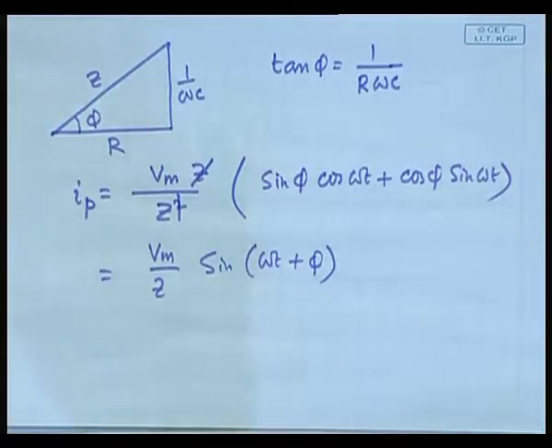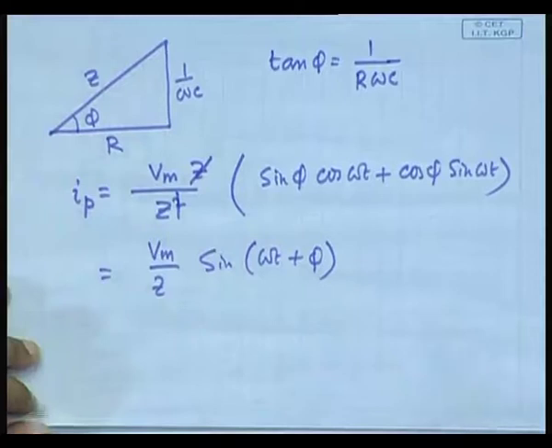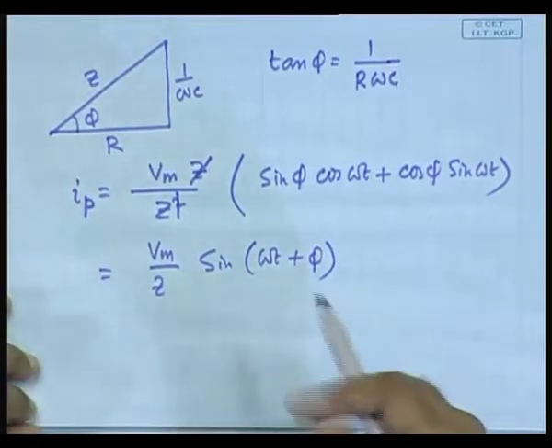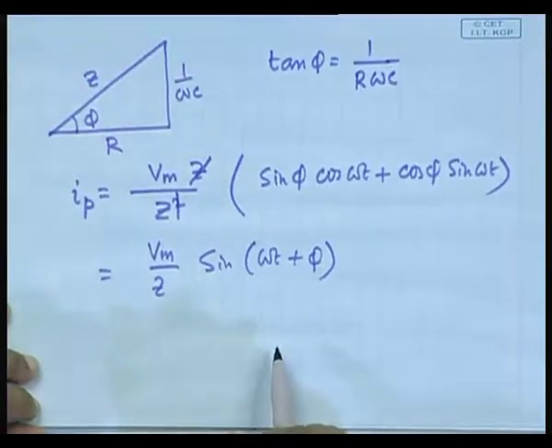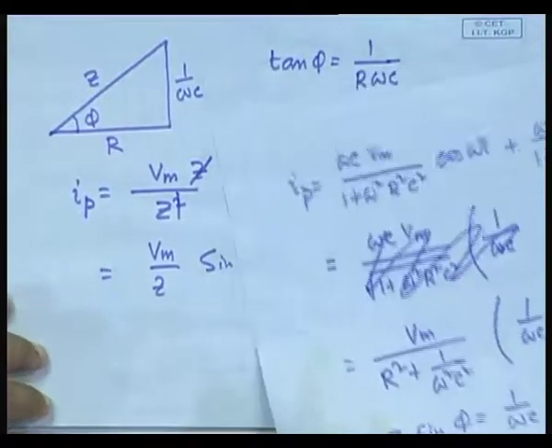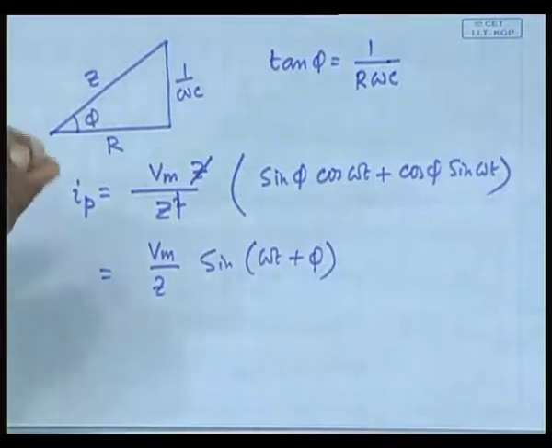Fine. So far it matches with what we intuitively understand, but there will also be a transient part, and the transient part in this case will be something that is damped, something that is exponential.